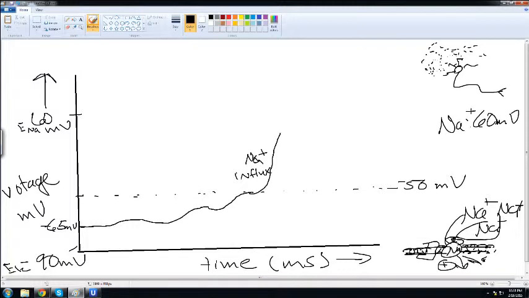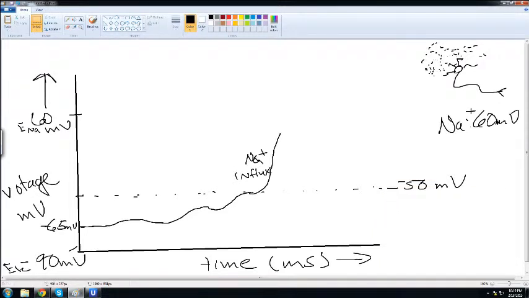So here, let me give myself a little bit more space to draw. Again, originally we have our membrane, and we have potassium channels, and then we have sodium channels. And when we hit negative 50 millivolts, the sodium channels will open up, and they will allow sodium to do whatever it wants. So sodium is going to flow inside the cell to try and bring it up to positive 60 millivolts.